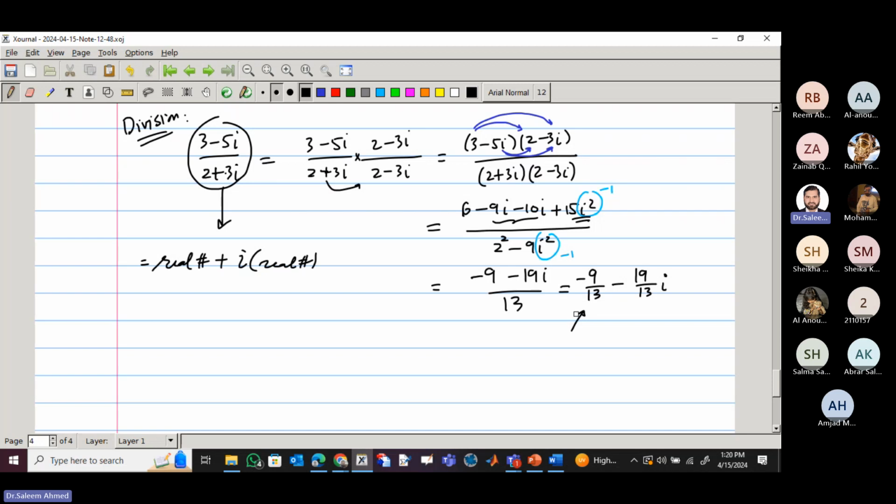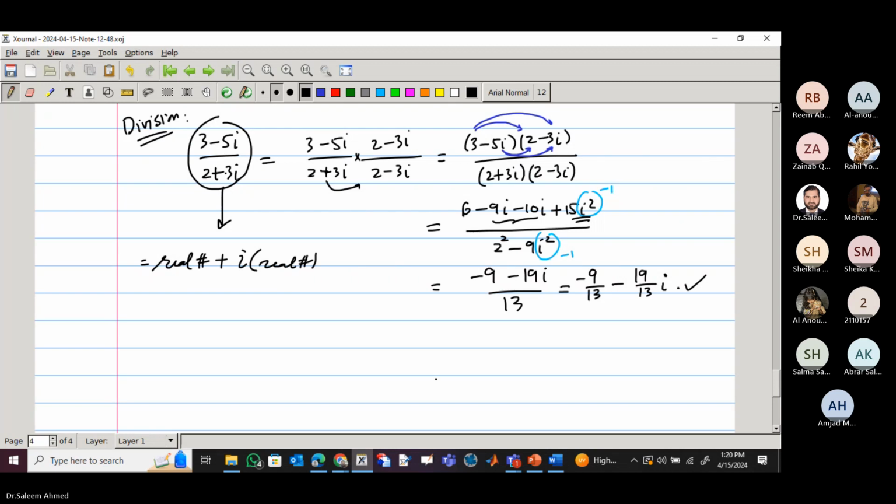That's how you can divide, multiply, subtract, add. Not difficult at all. I have almost done all the assignment problems, so now it should not be a problem for you. You can easily do that.